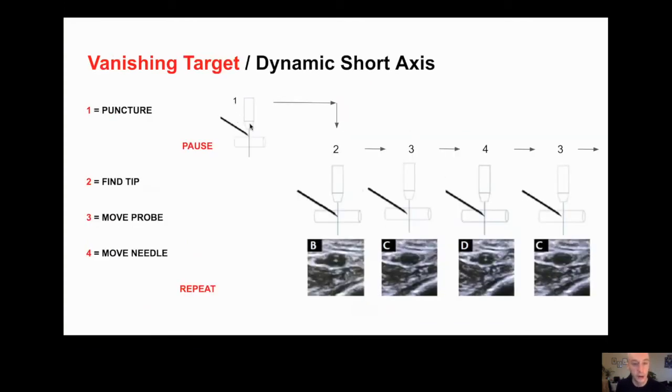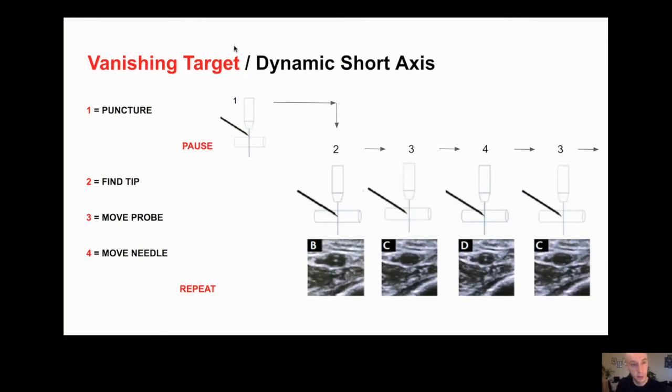So how do we find our needle tip? And this is, I think, the last slide on technique. What we're going to teach you, and this is what you're going to come and practice in the ultrasound workshop, is the vanishing target technique. Let's say that you found your vessel and you came a centimeter back and a centimeter deep.